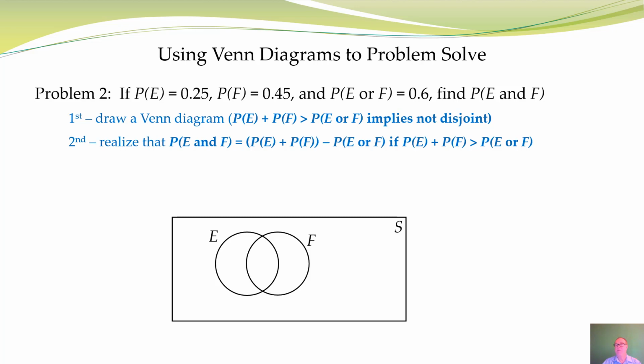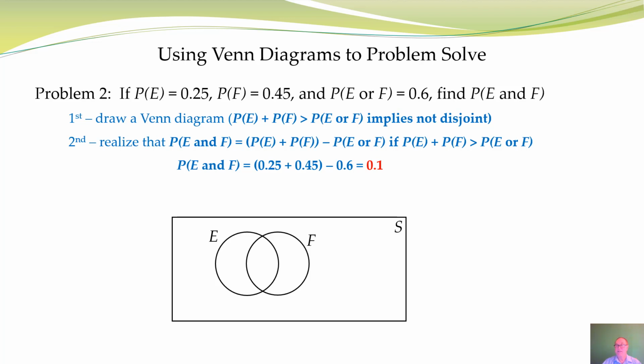Second, realize that the probability of E and F is going to be the probability of E plus the probability of F minus the probability of E or F, if the probability of E plus the probability of F is greater than the probability of E or F. So I take the probability of E plus the probability of F, add them together, and then subtract the probability of E or F. I take 0.25 plus 0.45 minus 0.6, and I end up with 0.1.